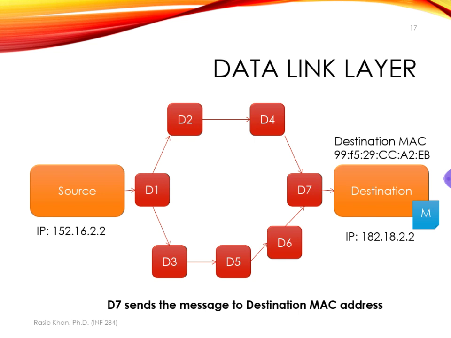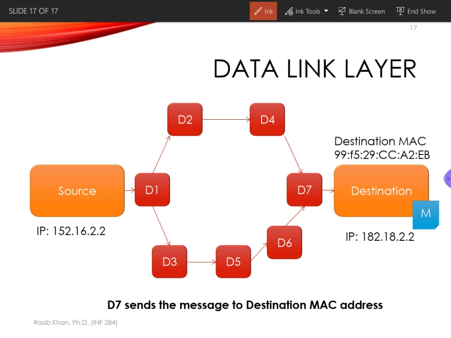So what we saw in this example are multiple direct connections. The first one being from the source to D1, then from D1 to D2, D2 to D4, D4 to D7, and D7 to the destination.